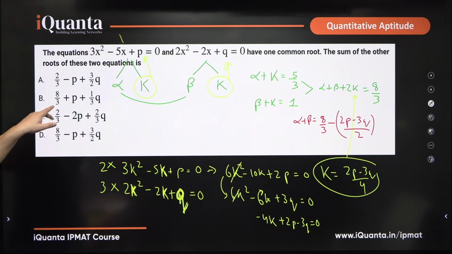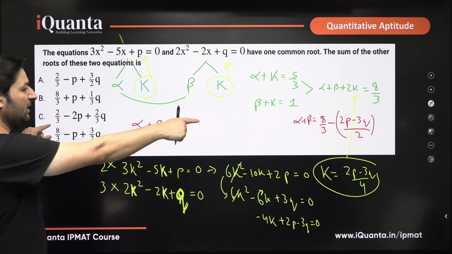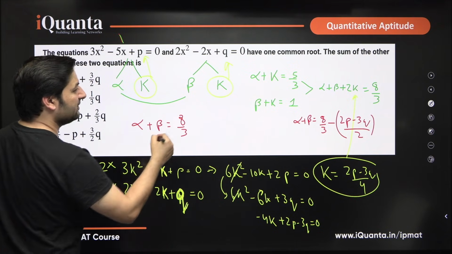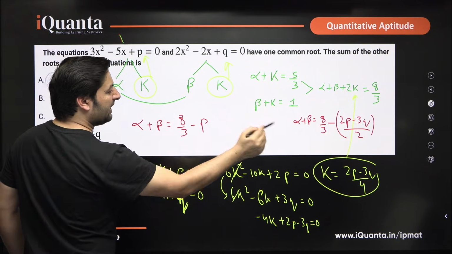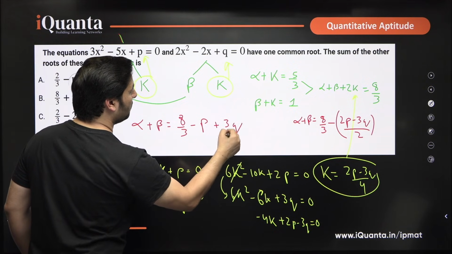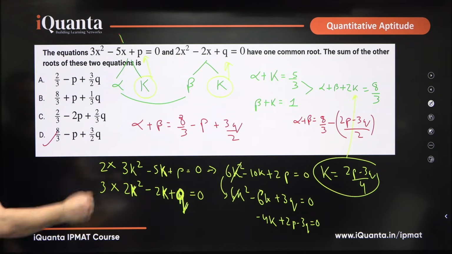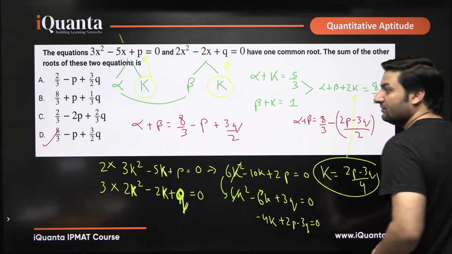The answer is alpha plus beta equals 8 by 3, we don't have to take the LCM, then minus 2p by 2 is minus p, and minus of minus 3q is 3q by 2. Do we have any such answer? 3q by 2 minus p plus 8 by 3. Option D is your answer. This is also a very good question.